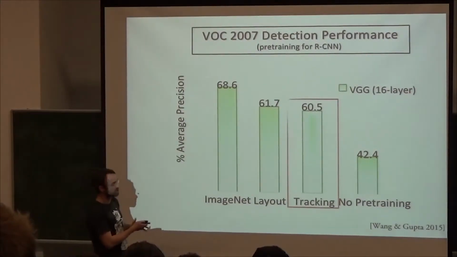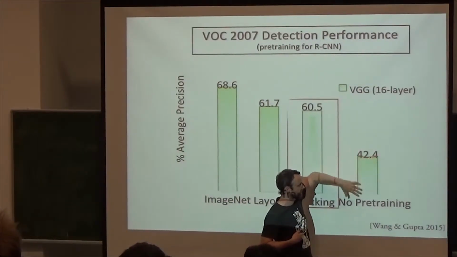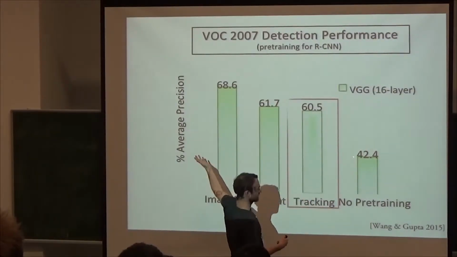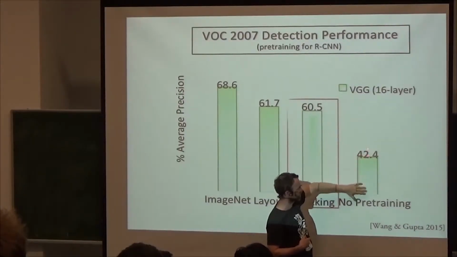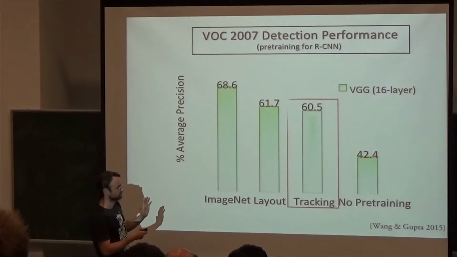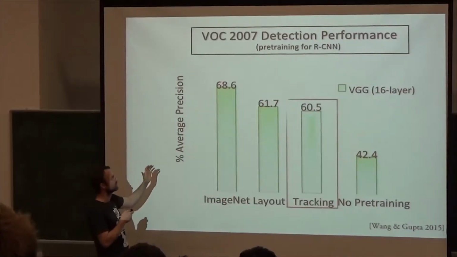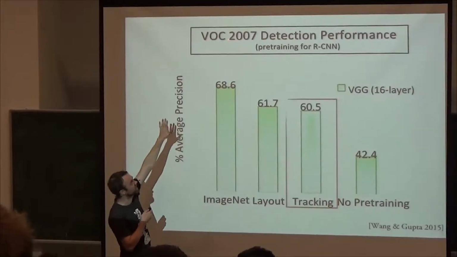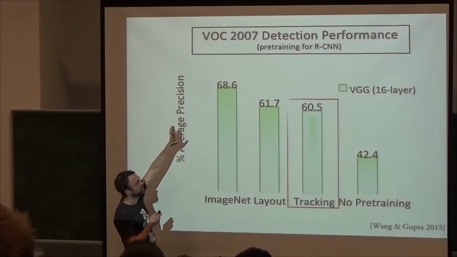If you don't do any pre-training, you're basically going to end up overfitting that small training set. So your validation accuracy, which I think is what we're plotting here, is going to be fairly low. All these models use the same architecture. Obviously, if you use the whole of ImageNet, that's a bunch of human labels, so you would expect to get a pretty good representation, given that this task is almost the same as ImageNet. You're trying to do detection and classification of natural images.